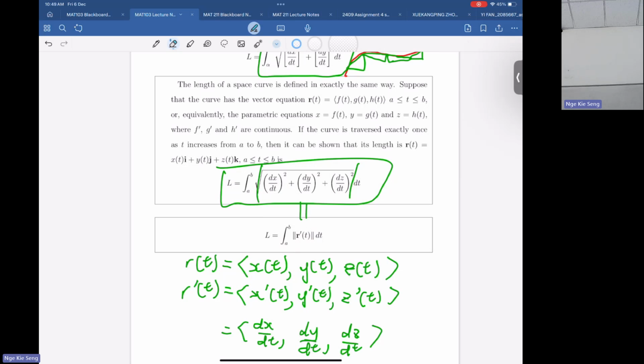Then the question asks, how far have you moved after 1 hour? 20 times 1, 20 km you move. Use velocity to determine your displacement. But let's say my speed varies, then what do you do? Then you need to use this kind of integral method.